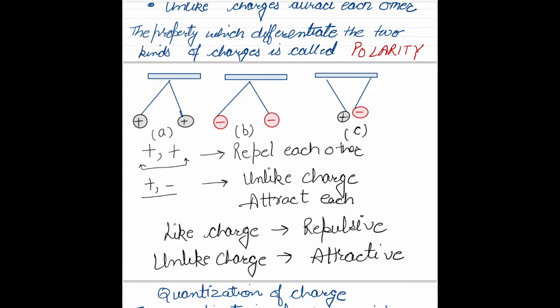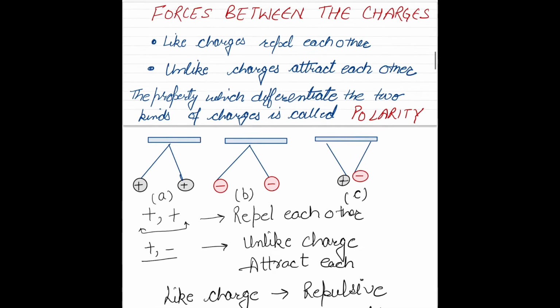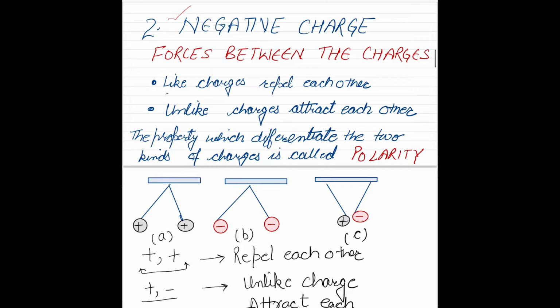As with these two bobs, one is of positive charge, another is of negative charge. They are coming closer to each other, and this closeness is due to the attraction, right? So we can say that like charges repel each other while unlike charges attract each other.